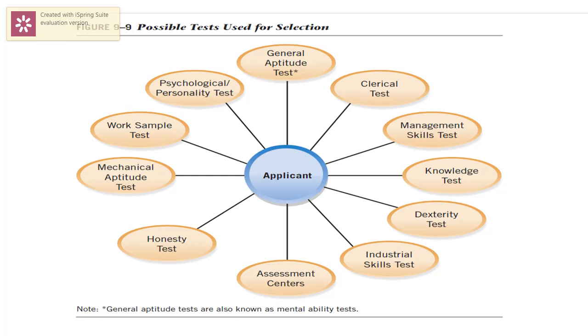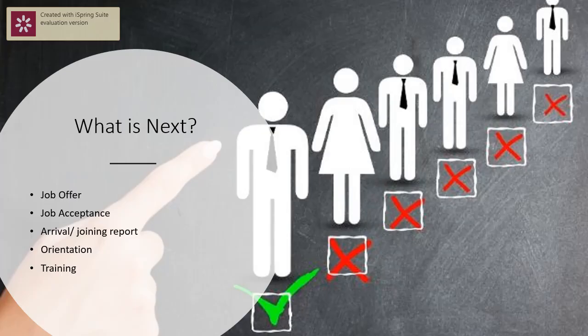So, after discussing pre-employment testing and completion of the selection process, what is next? It is going to be discussed in the next slide. Once done with the whole process, we are now in a position to make a job offer.